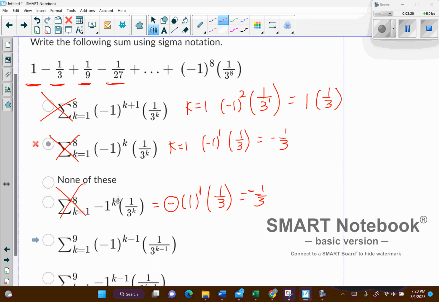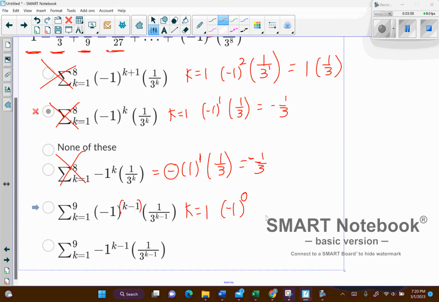You'll notice that they changed the exponent to k minus 1, and that's probably where the 8 comes in on that last term. But anyways, if k were to equal 1, we'd have negative 1 raised to the power of 1 minus 1, which would become 0.